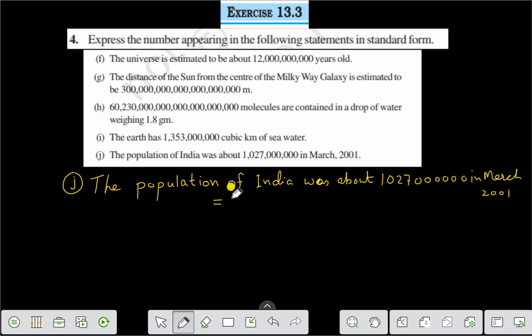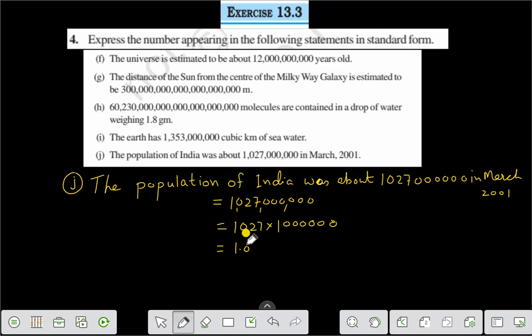Right? Therefore, it can be written as 1027 followed by 6 zeros. If we put the commas, 3, then 3, then 3. Right? Now, if we write it here as 1027 into 1 followed by 6 zeros, right?